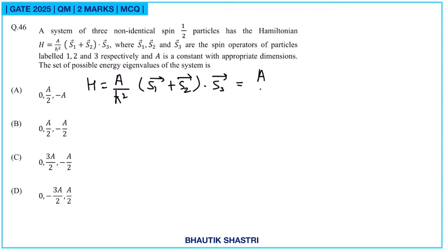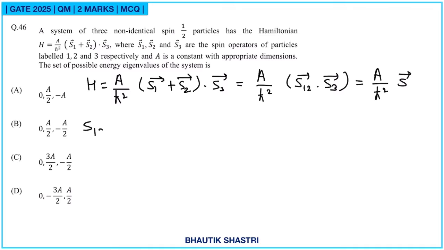Now this can be written as A by h cut square and S1 plus S2, and then we have dot product with S3. This can be written in terms of magnitudes of S1, 2 and S3. So let's write this as S bar.